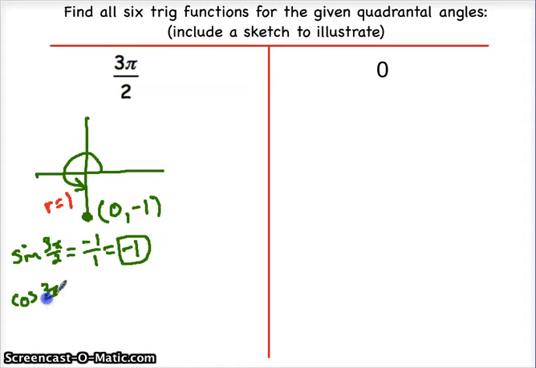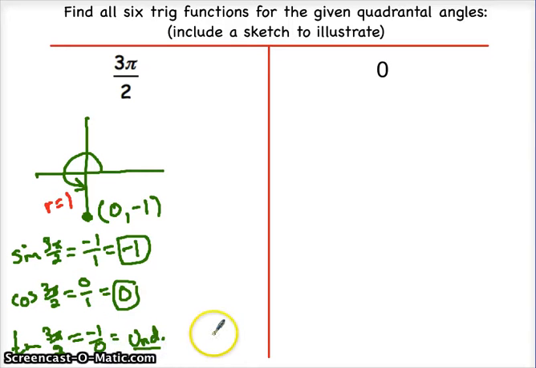Cosine of 3 pi over 2 goes to the x-coordinate, or x over r, and 0 over 1 basically just leaves you a 0. And the tangent of 3 pi over 2 is just going to be y over x, so -1 over 0, or an undefined value.